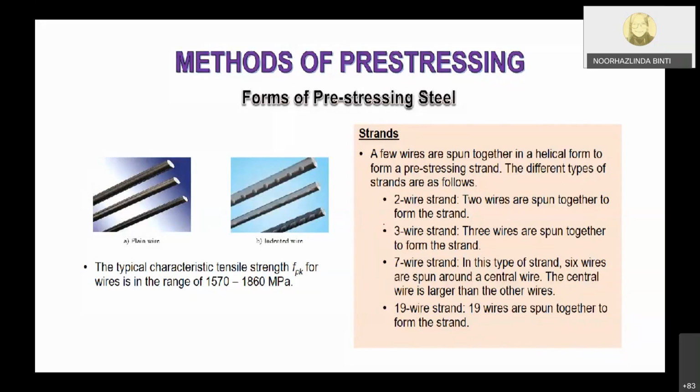Of course there are standards for that. You can put two wires together, or three wires, or 7 wires, and 19 wires together. This is standard. So if you want to buy a strand, it comes with a standard size, a standard number of wires for the strand.